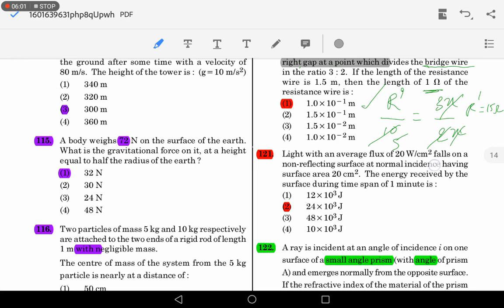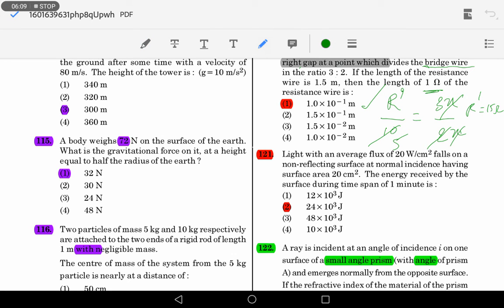At normal incidence, having surface area of 20 centimeter square, the energy received by the surface during a time span of 1 minute. It is given that intensity equal to 20 watt per centimeter square. Be careful with the units.